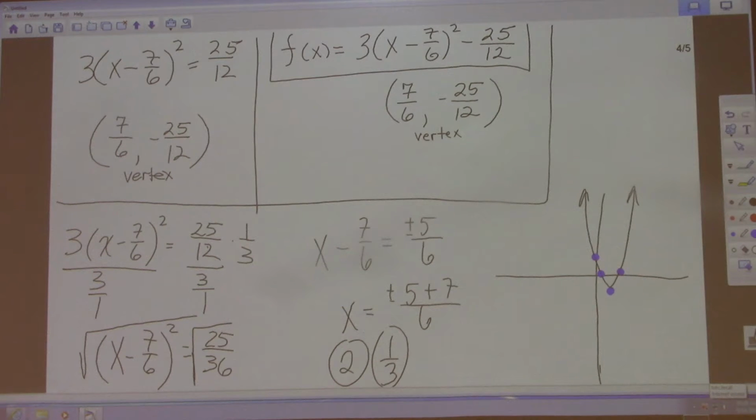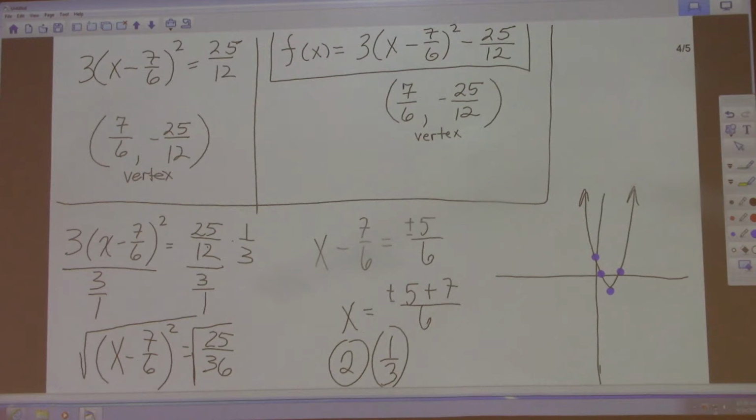Now, how can you check these? Graph them in your calculator. My calculator won't graph this. Take the stat plot off. Go to second function, y is equal, and turn the stat plot off.